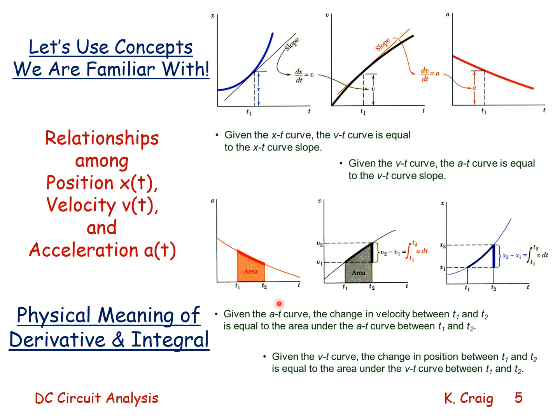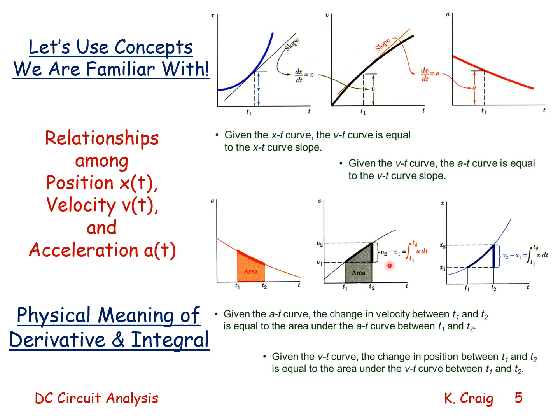If I look at the areas under these curves and start with the acceleration versus time curve, I see that the area under the acceleration versus time curve between times t1 and t2 is equal to the change in velocity between those times t1 and t2, or v2 minus v1.